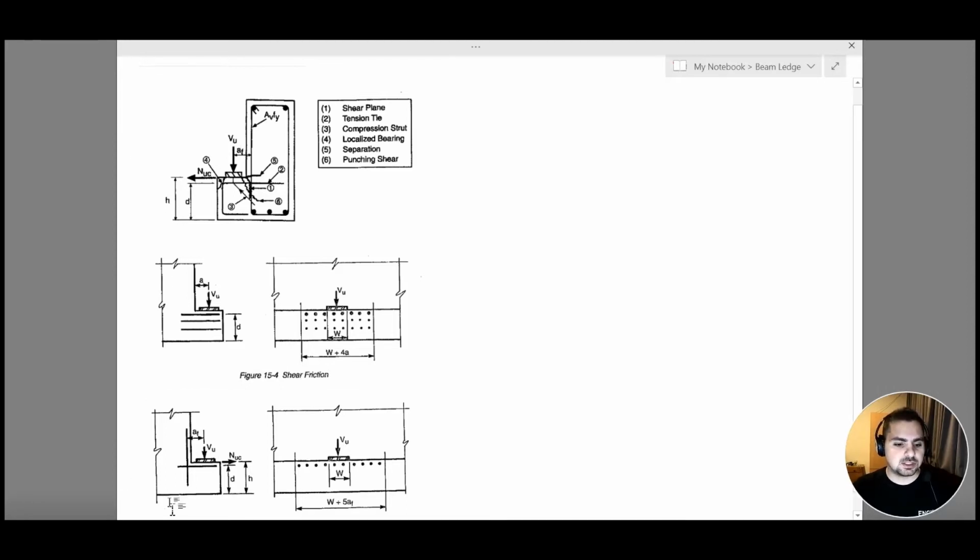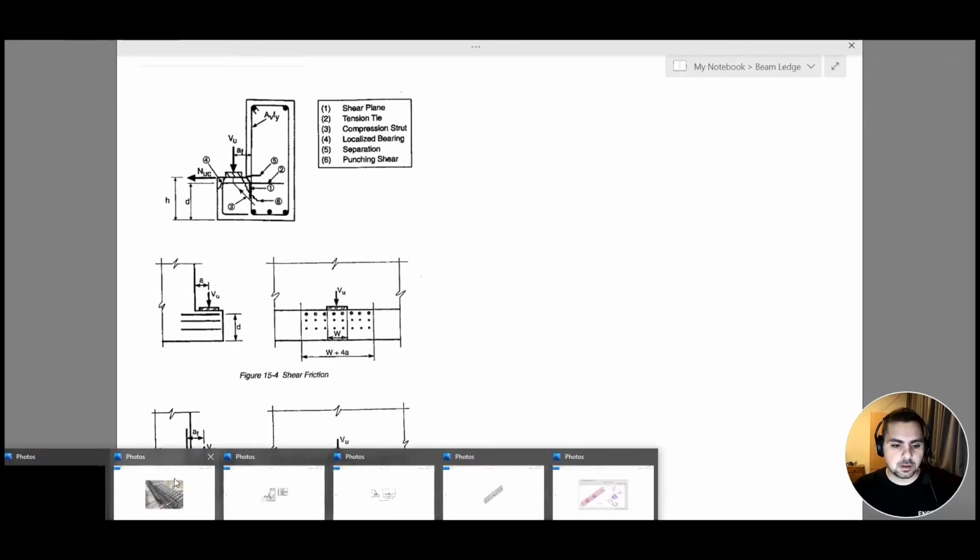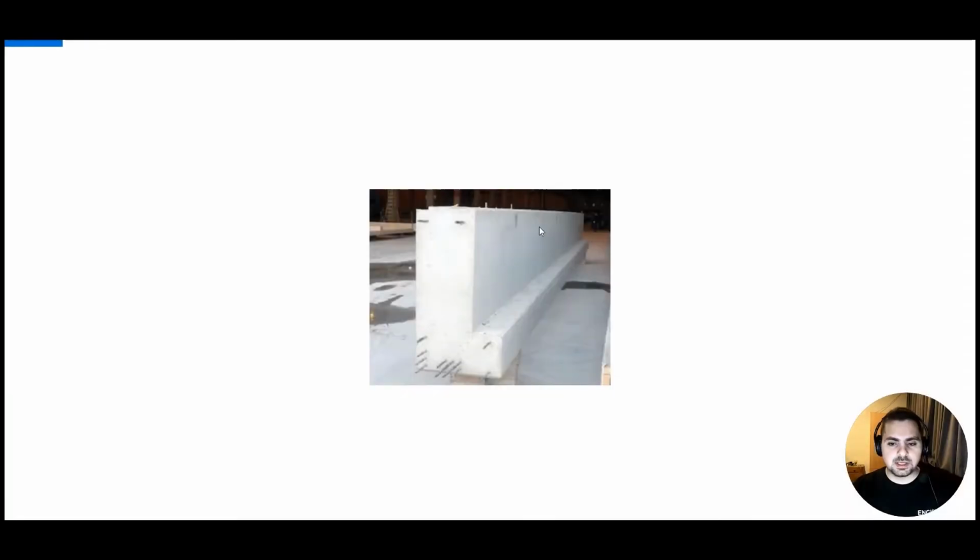If we look at this image here, we can see that we have our beam or our beam ledge. This here is what we call our ledge, and you can see that this is a space that is created to support my hollow core slab or my precast beam that is going to be placed in this location.